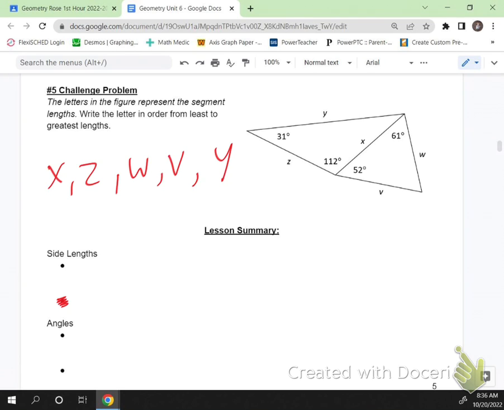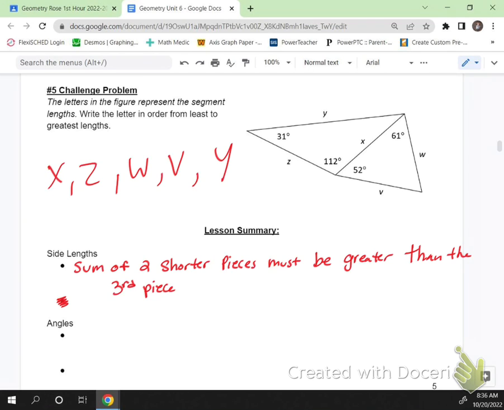Shh. Side lengths. Here's our conclusion about side lengths. The sum of the 2 shorter sides must be greater than the third side to make a triangle. Sorry, I changed the word pieces to sides so we don't get confused.